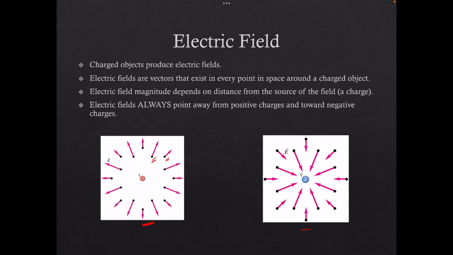This is the direction that electric field lines go just based on convention. So just as we do with all physics, we're going to talk about observations of this new concept of electric field, and then we'll get into the math, the quantitative aspects of it. So these are the basic observations of electric field.